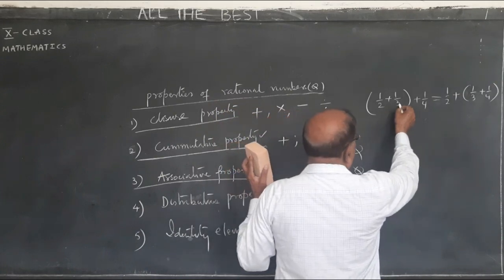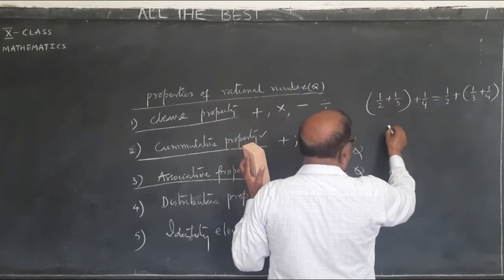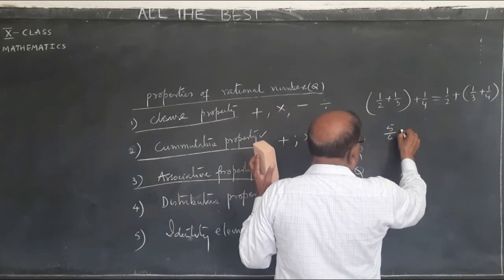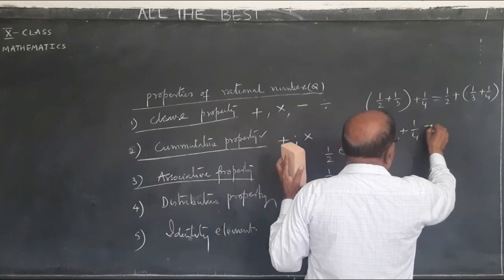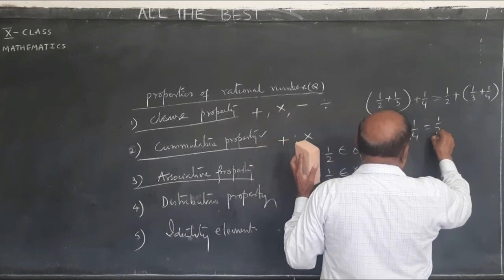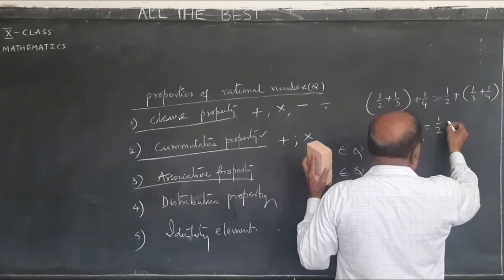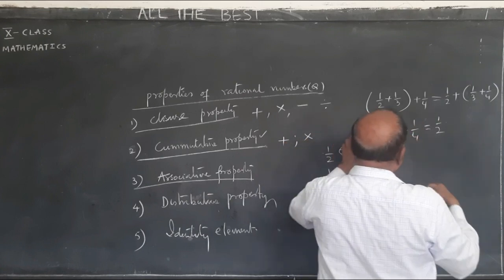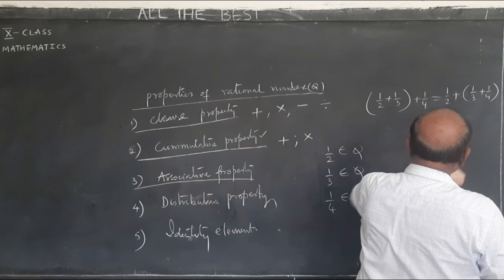So here, 1/2 plus 1/3 is 5/6. So 5/6 plus 1/4 is equal to 1/2 plus, no question of multiplication.